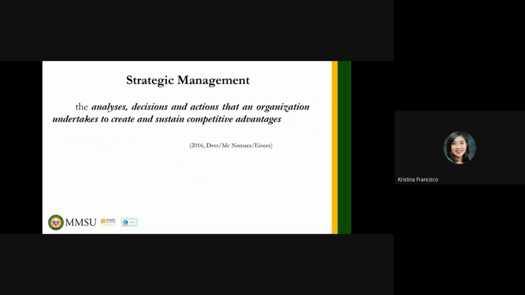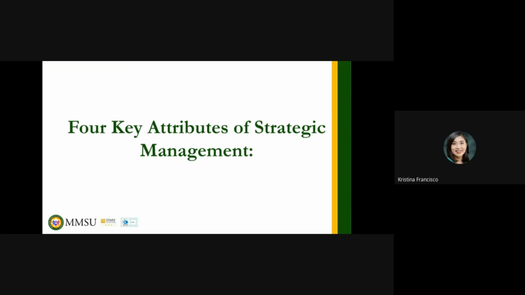In other words, management is about maintaining the status quo, meaning the current situation or the way things are right now, while strategic management is about making changes that lead to improvement. I hope that you are able to identify and differentiate management and strategic management.